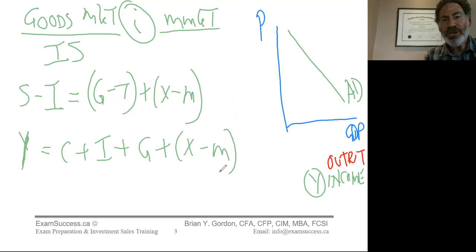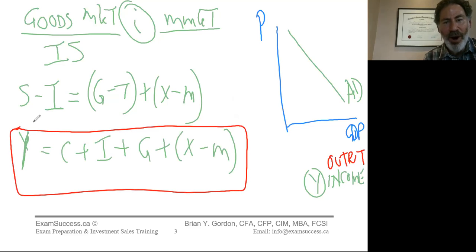But what I want you to do is know how to use this on the exam. This formula we know as the expenditure approach for calculating GDP. I also told you that GDP is the same thing as income. Income, output, GDP, it means the same thing.